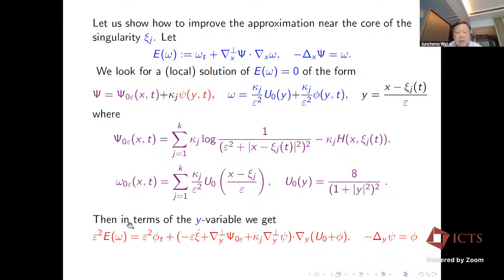In terms of the rescaled variable, you plug this in, and the first error you get is the following: you get a xi dot, because we compute omega t, you get a xi dot here, and you get gradient psi 0 and gradient psi.